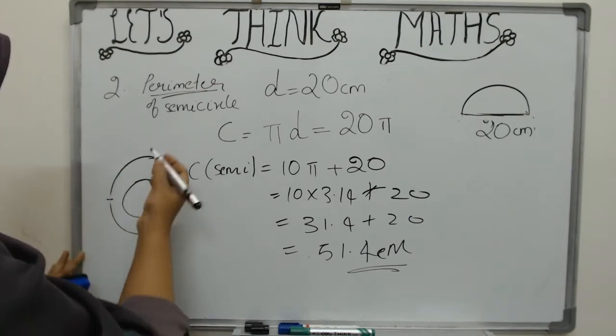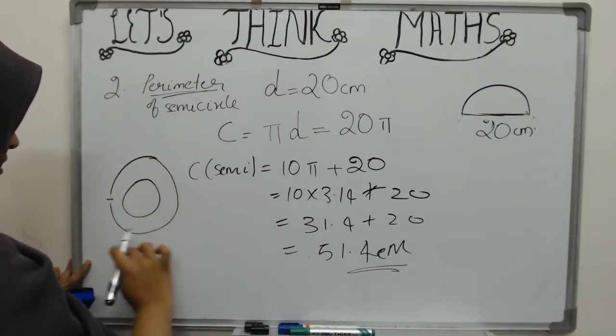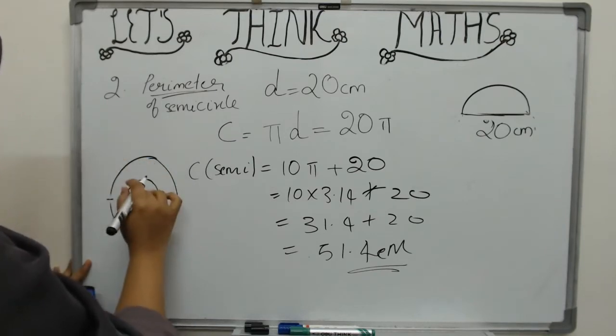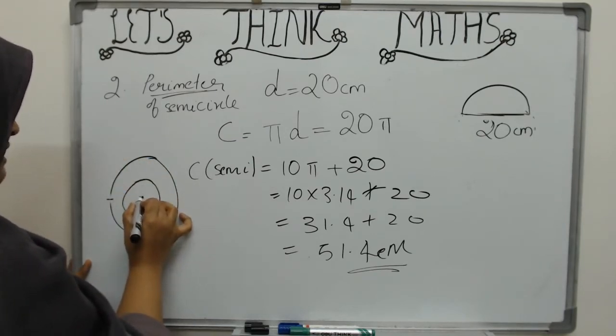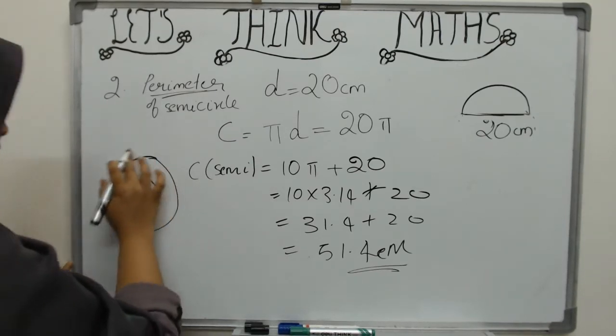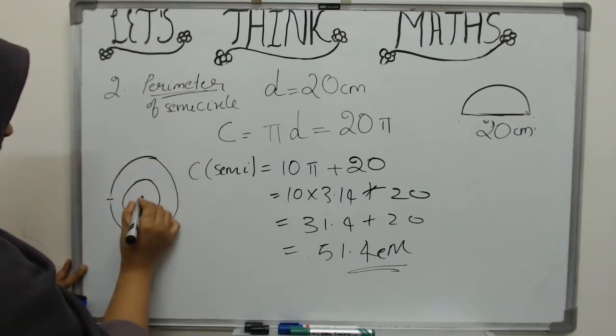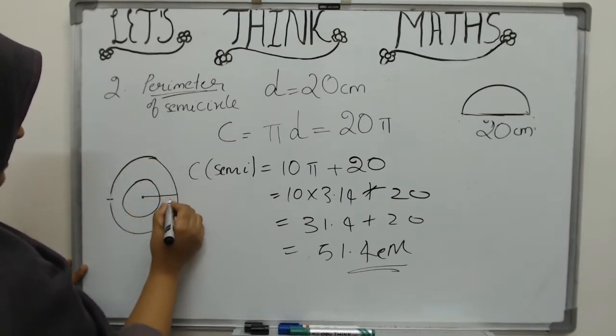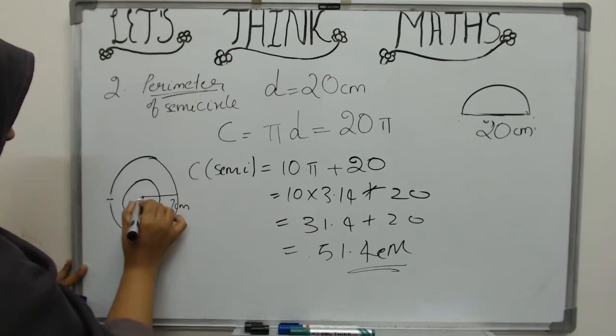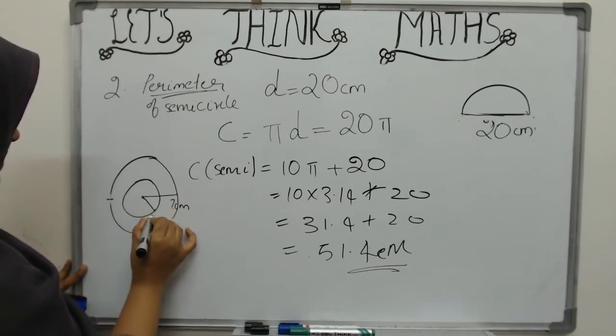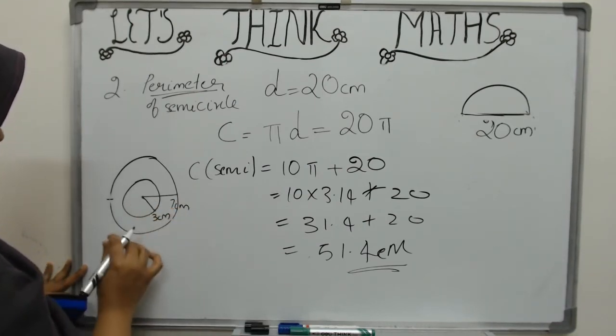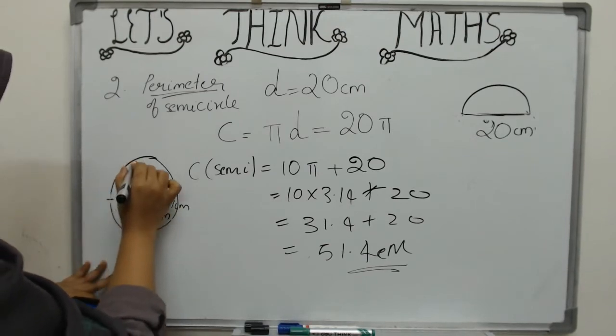For example, suppose you have two concentric circles. What are concentric circles? These are circles with the same center. So if there are two circles like this, one with radius 7 centimeter and another with radius 3 centimeter, then what will be this area?